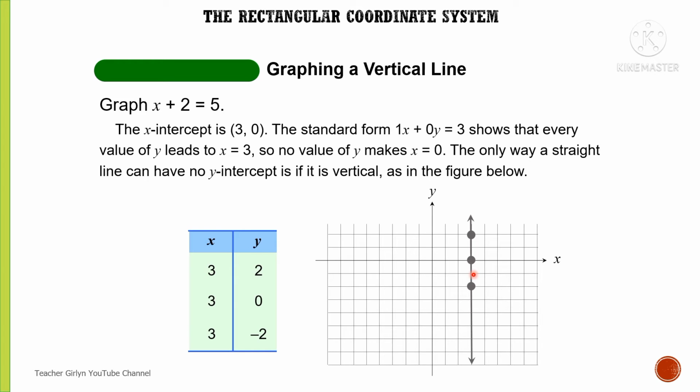And there is no point lying on the y-axis, because there is no value of y that makes x equal to 0. Therefore, if in the equation y has no value, the graph of the equation is a vertical line.